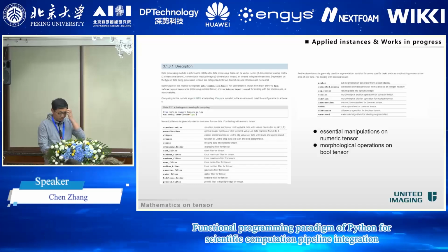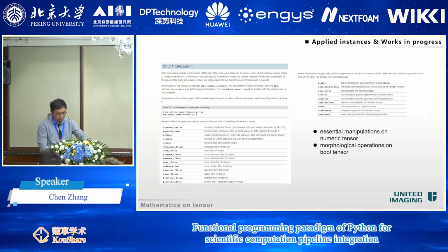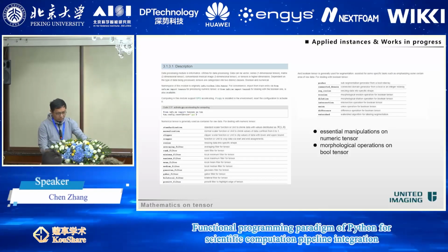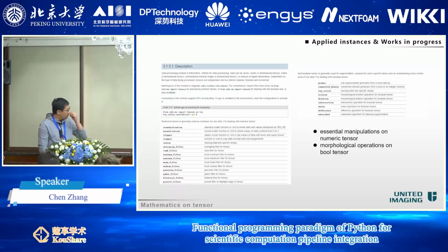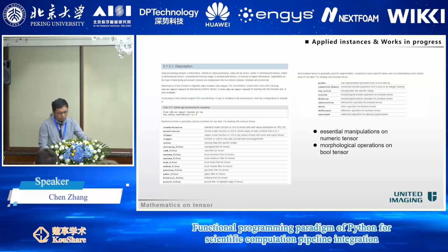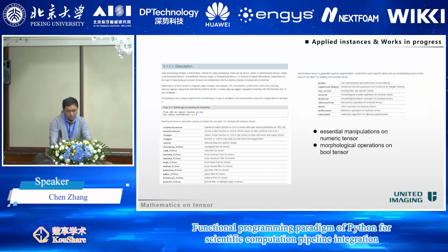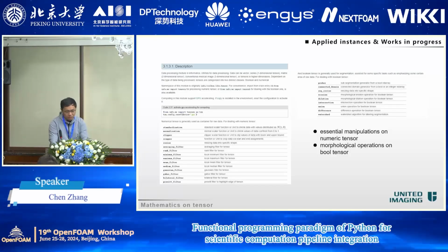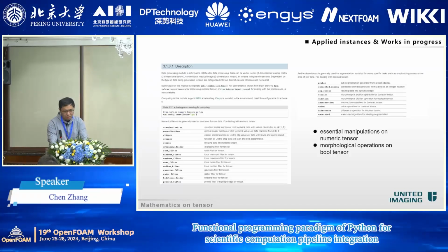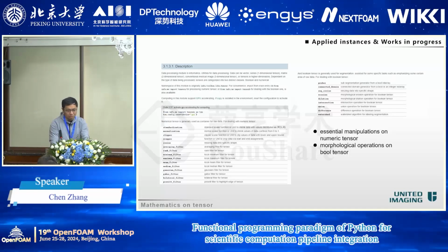The picture shown in this slide is their API for the math computation on dense tensors, which allows us to process the data in different dimensions via a unified approach.